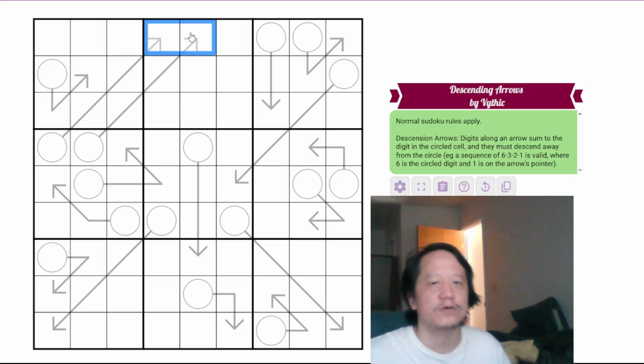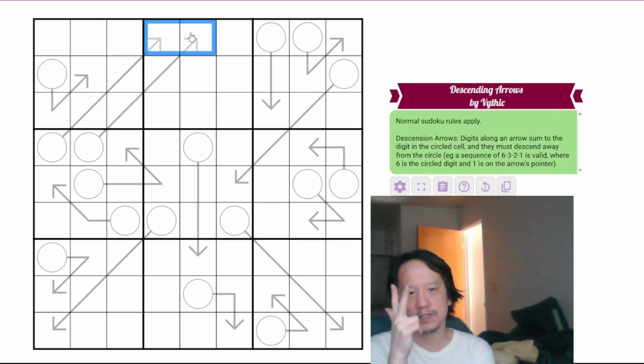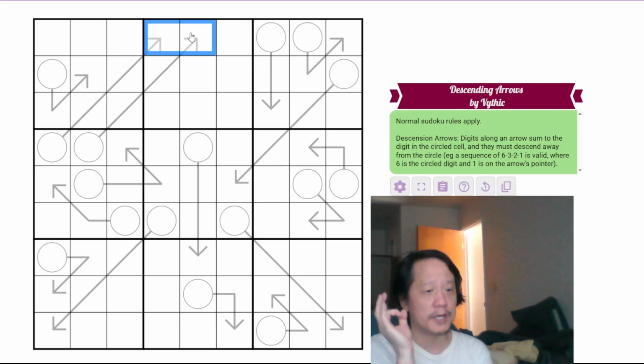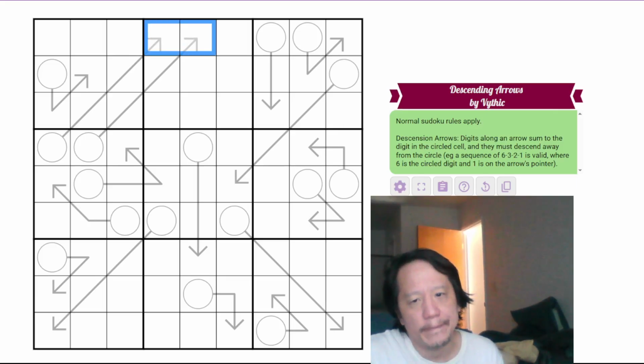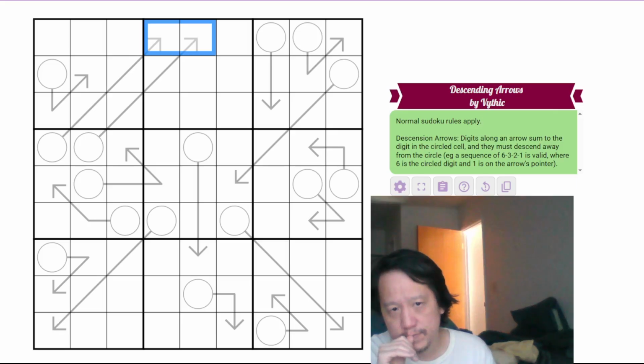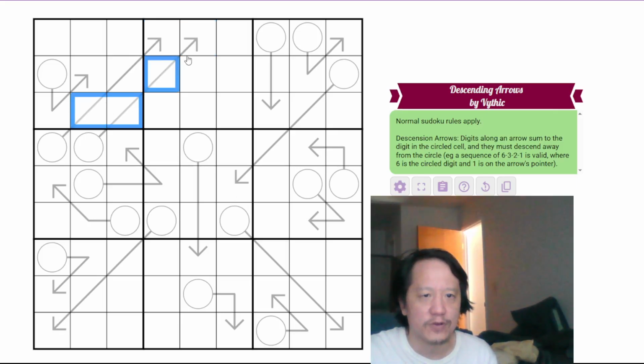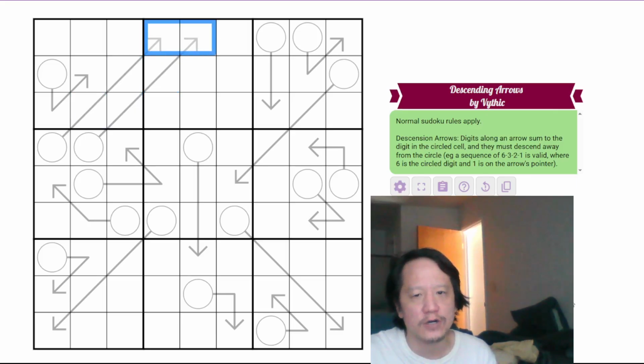The only way you can have 3 digits adding up, where it's always decreasing, which means you cannot have the same digit on the arrow, is the smallest digit can only be 1 or 2, guaranteed, for 3 unique digits. And since they're always decreasing, they have to always be unique. So, this must be 1 or 2 here. For 3 digits here, it's 1 or 2, 1 or 2, 1 or 2.